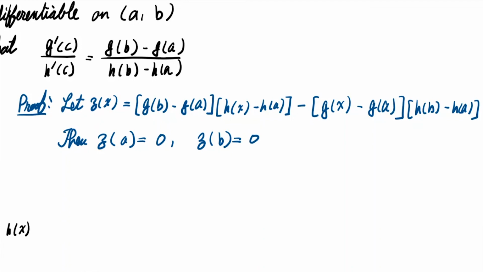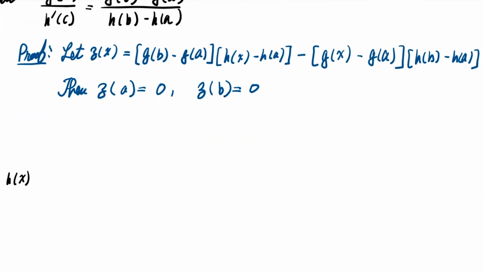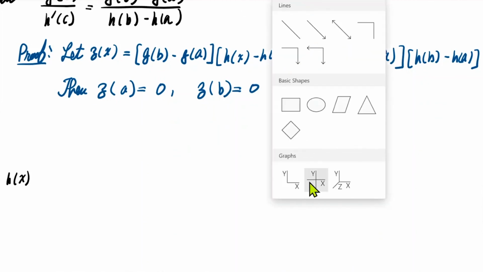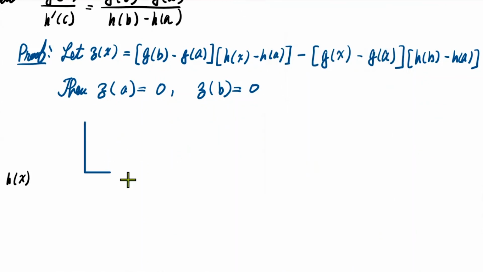Okay. Now the mean value theorem applies to this function z. I'm going to sketch this function z. Whatever this is, it's going to look like this. They're both 0 here, and maybe it looks like that. They have to connect. z itself is a differentiable function, isn't it? Because if you multiply two differentiable functions, you get a differentiable function.